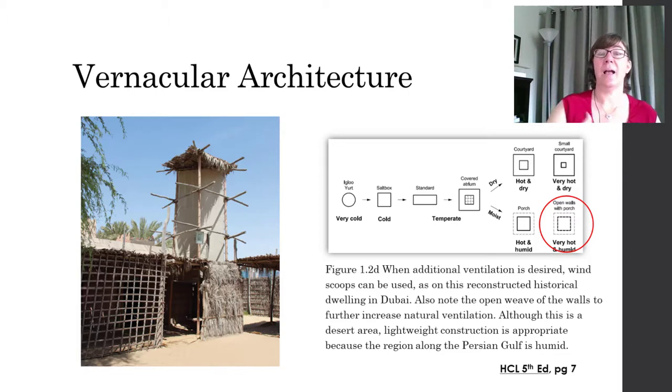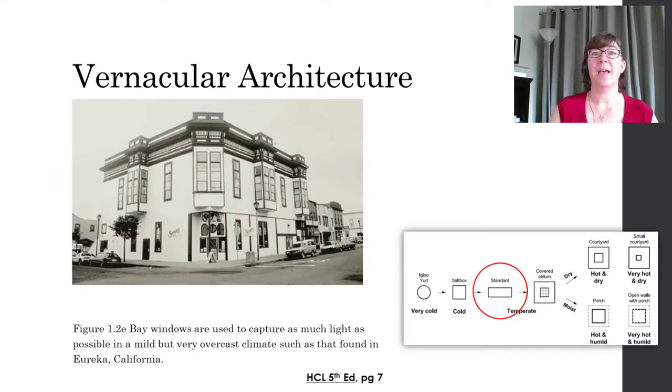Here's a similar climatic need, a very hot and humid climate, but a different vernacular because it's in a different place. And so we see wind scoops on this building in Dubai. And we've got some lightweight construction to address the humid climate. Moving to a temperate climate.